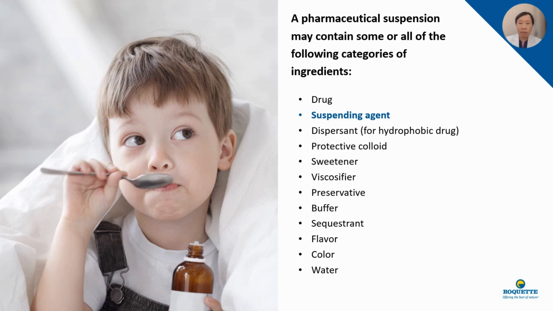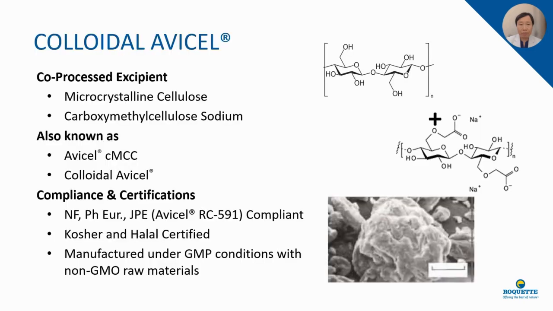In this presentation, we will focus on the use of colloidal Avicel as a suspending agent. Colloidal Avicel is a co-processed excipient composed of microcrystalline cellulose and carboxymethylcellulose sodium. It is also referred to as Avicel CMC. It is widely recognized for its strong suspending capability and complies with major pharmacopoeias like NF, European, and Japanese pharmacopoeia.